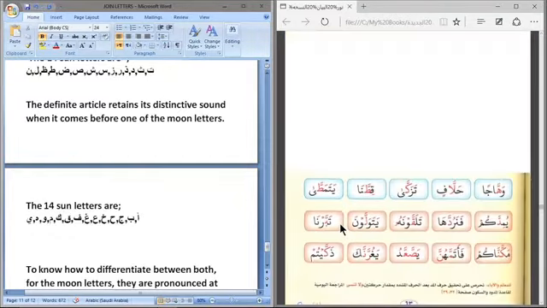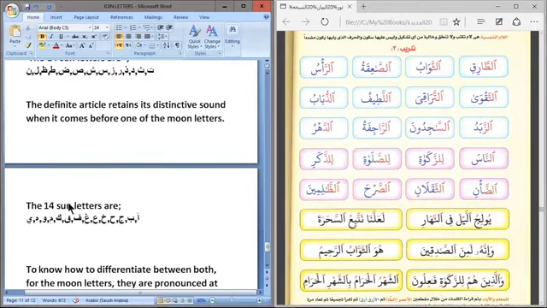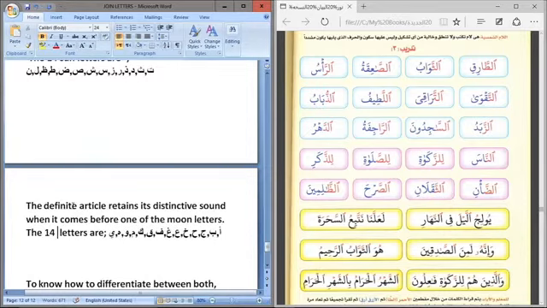A typical example for the moon letters, we've done that before. Let's take this that we have here. In this part, we have Ash-Shahrul Haram. You'll notice that we have Alif and Lam followed by Ha, and Ha is part of the moon letters. Subhanallah, this is a mistake, it is supposed to be moon.